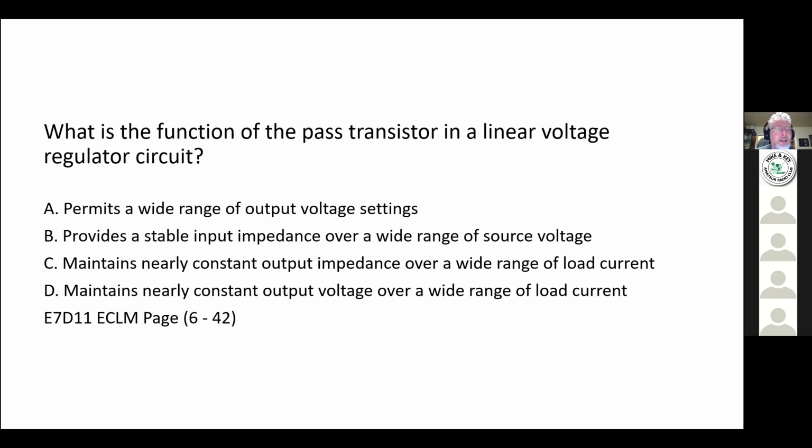C, maintains nearly constant output impedance over a wide range of load current. Or D, maintains nearly constant output voltage over a wide range of load current. Correct answer is Delta. Maintains nearly constant output voltage over a wide range of load current.